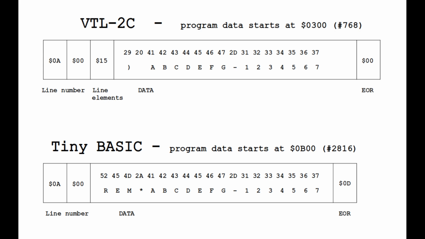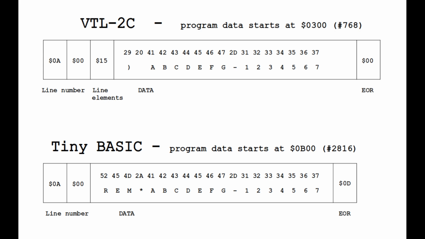Next up, Tiny Basic, a little bit different. You do have the same line number at the beginning, line number 10, and in the same format, but then it goes right into the data. So whatever is going to be in that line, that's what's there in ASCII. You have a REM, and I threw in an asterisk simply because it's something I can check for later.